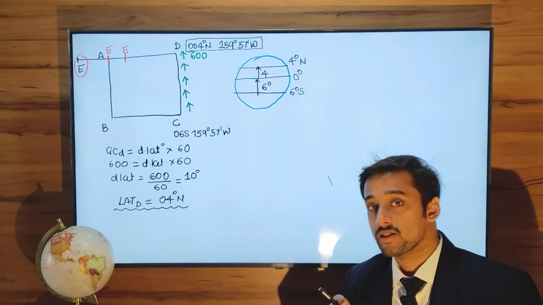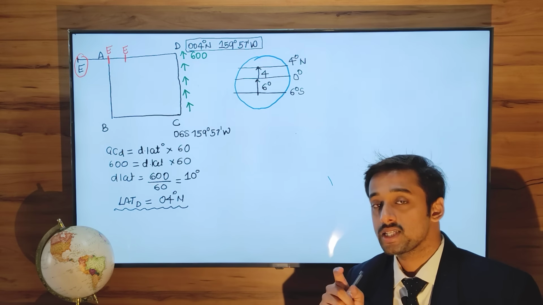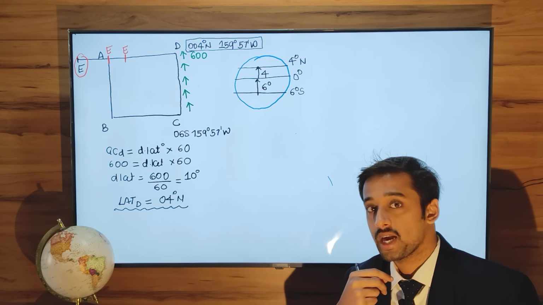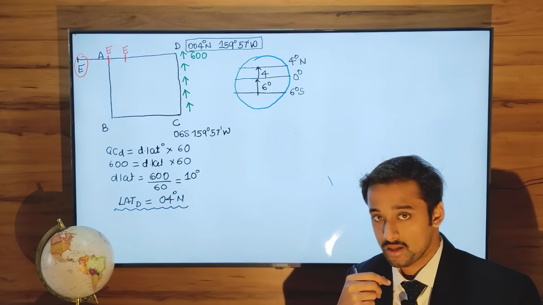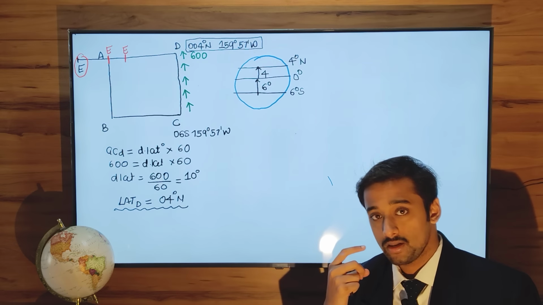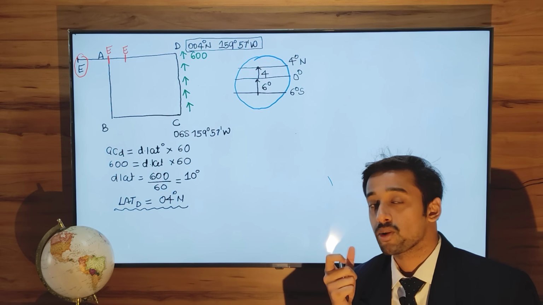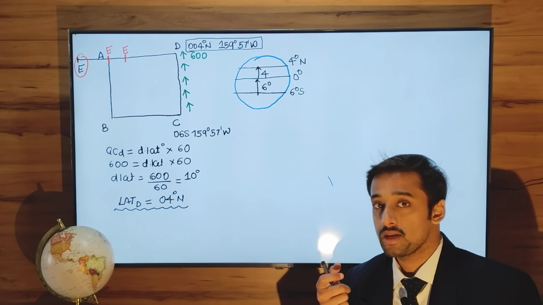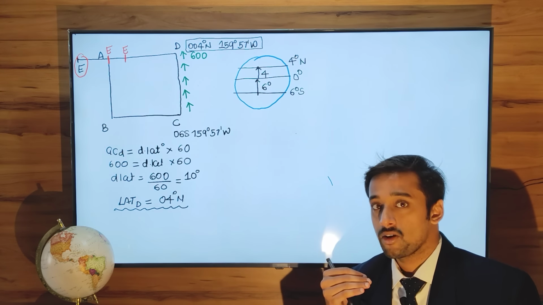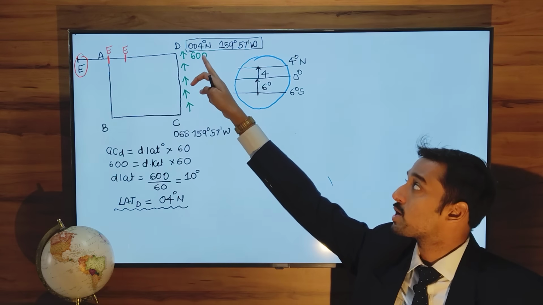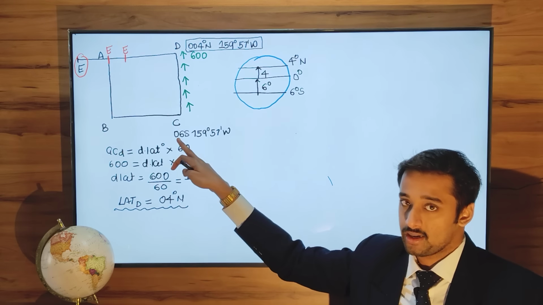So by the concept of convergency, the convergency at 6 degrees south will be more than the convergency at 4 degrees north, because 6 is more than 4 and convergency is proportional to the sine of latitude. Sine of latitude means as the angle increases, 4, 5, 6, convergency increases. So compared to sine of 4, sine of 6 will be greater.